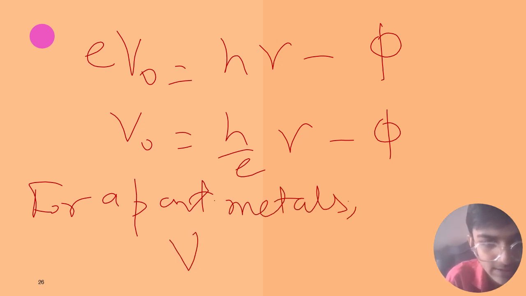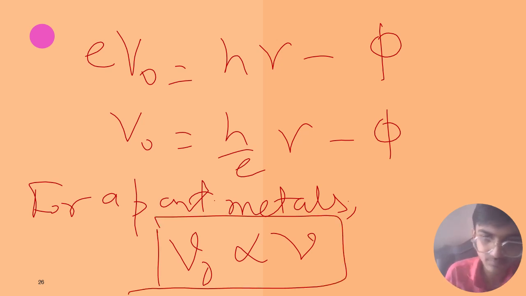So we can write that the stopping potential is directly proportional to the frequency of incident light. Just try to absorb this. Now we will conclude with two points.